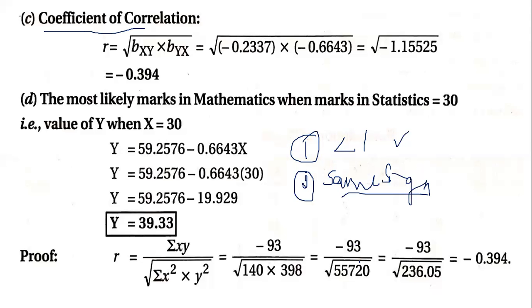So we will take the square root of 0.2337 into minus 0.6643. You will actually get plus, because minus into minus is plus, but since both the numbers are negative, you will have to maintain the minus sign just for the sake of getting the final answer as minus.